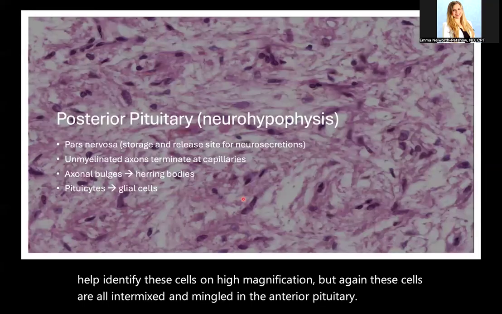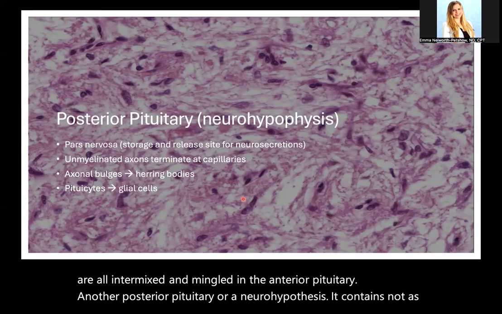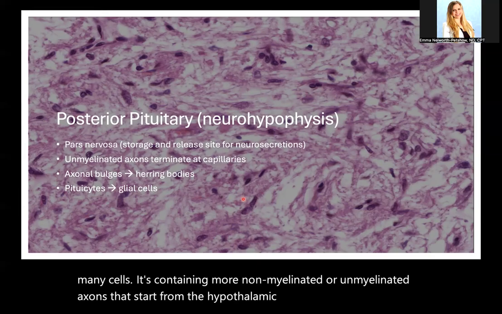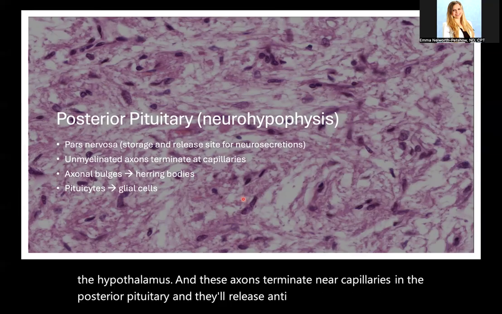Our posterior pituitary, or neurohypophysis, does not contain as many cells. It contains more unmyelinated axons that start from the hypothalamic neurons, the neurons in the hypothalamus. These axons terminate near capillaries in the posterior pituitary, and they release antidiuretic hormone or ADH and oxytocin.